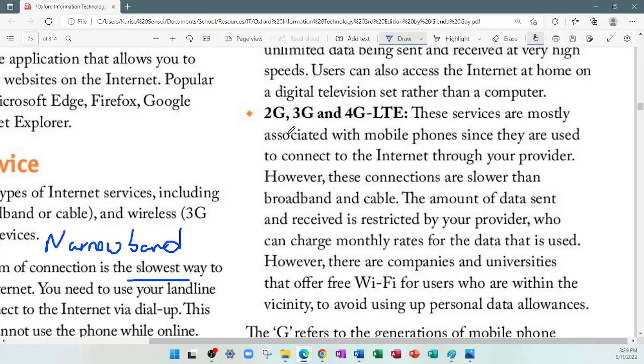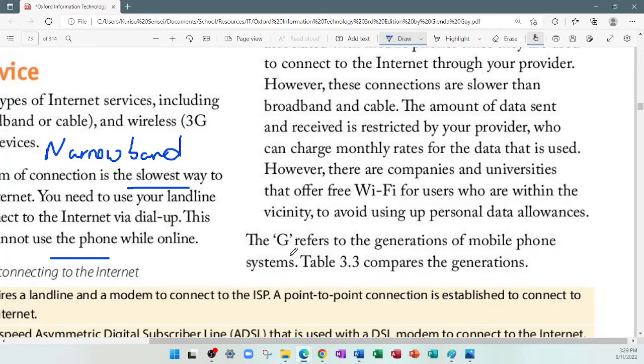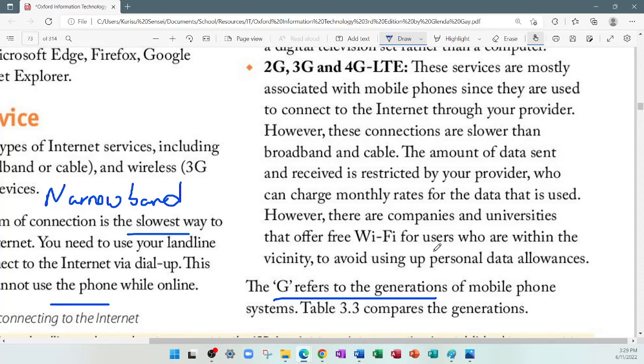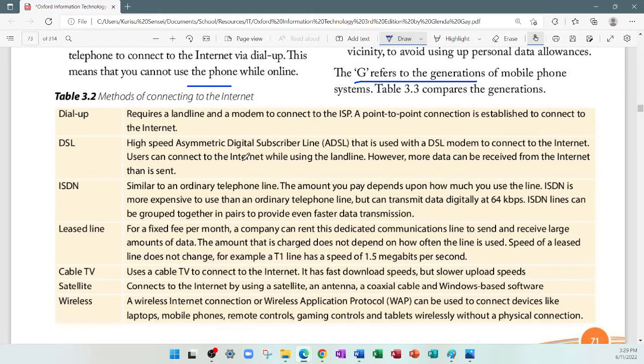For our wireless methods, we have 2G, 3G, 4G, and today we have LTE. The G refers to generation: second generation, third generation, fourth generation, and so on. And I already showed you the speeds earlier.